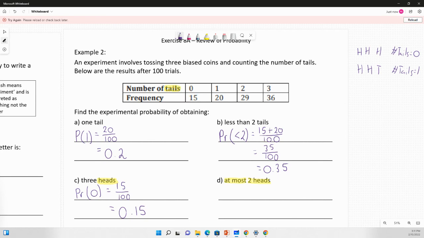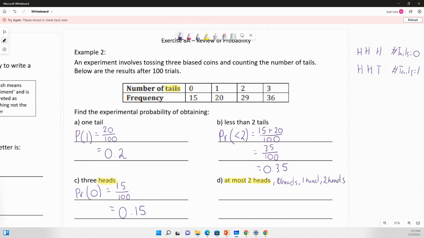So that would mean you'd want to include 2 heads, also 1 head, and 0 heads, but you would not be including 3 heads. So at most 2 heads means 0 heads, 1 head, and 2 heads.